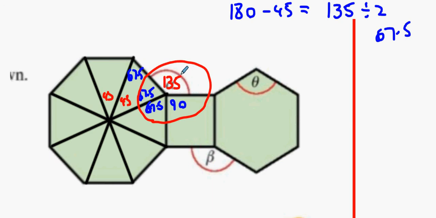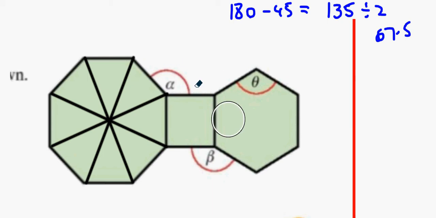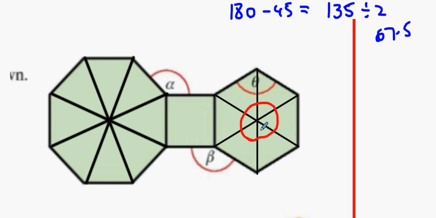Alright. Now, I'm going to work my way into the hexagon now. And once again, center circle, anybody? 360 divided by 6. What are they? All 60s, okay? 60, 60, 60.